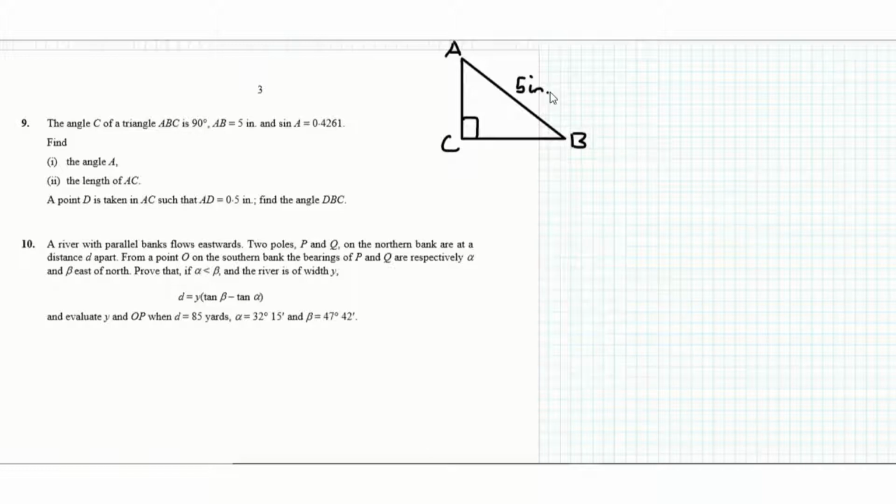So the first part is we want to find the angle A. What's the angle A? Well, that's this. And we know that sine A is 0.4261, so all we have to do is this angle A, they're calling it, is equal to the inverse sine of 0.4261, and that's equal to approximately 25.2 degrees.